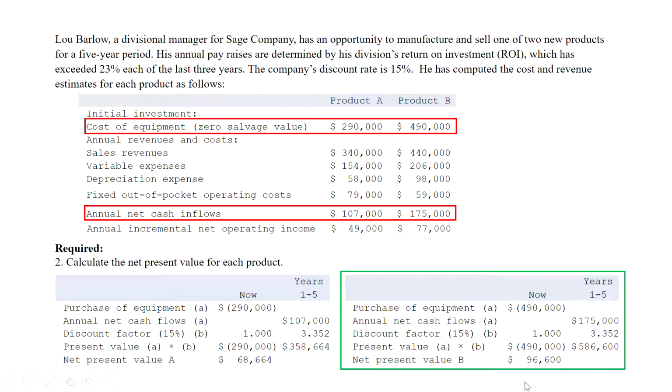A disadvantage, though, is that if the investments aren't similar, if they're very different, here they are, $290,000 versus $490,000, it might not be a fair comparison to say which one has a higher net present value. Yes, B gets 96,600, but it requires almost twice as much in terms of the initial investment. So later on we'll talk about PPI and how that measure has an advantage compared to net present value.